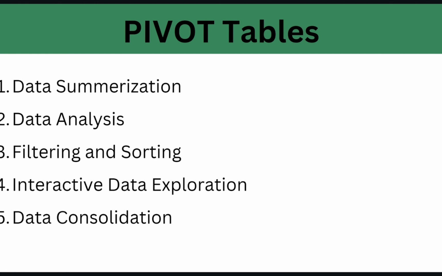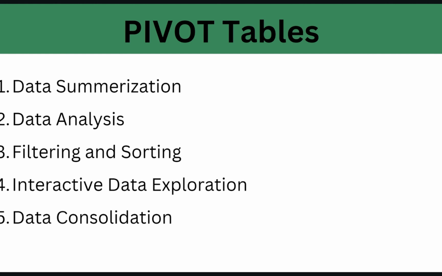The next one is filtering and sorting. Pivot tables provide the ability to filter and sort the data dynamically, which allows users to focus specifically on a subset of data. The next one is interactive data exploration, where users can easily drag and drop the fields to different areas to create customized reports and analysis.